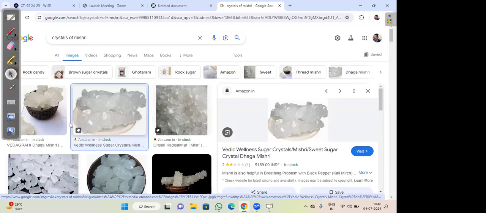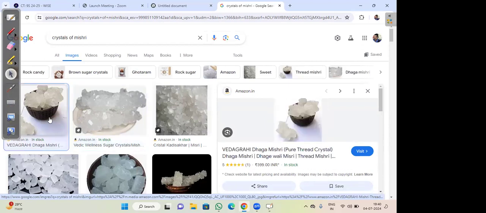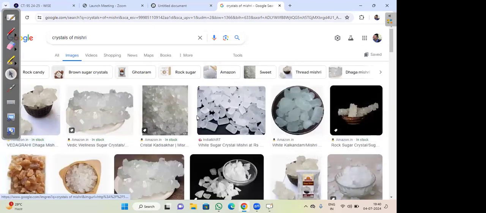It has a thread in it, like you can see in any of these pictures. The other ones which we see, the crystals broken into smaller pieces, are also crystals of mishri, but they are somewhat machine made. They are cut along the specific axis. The shape of all of them is the same.